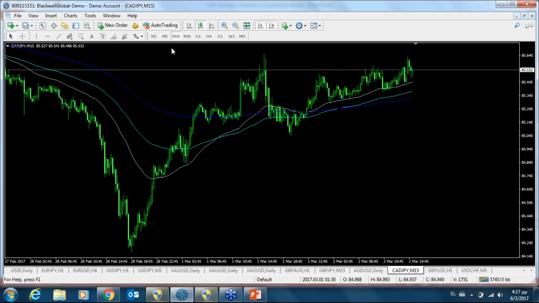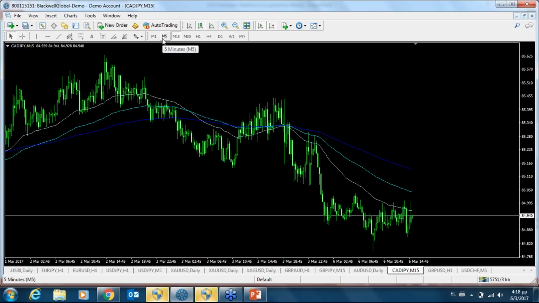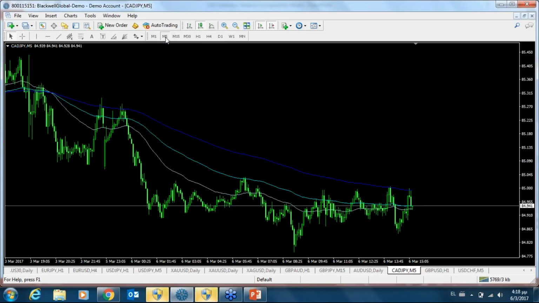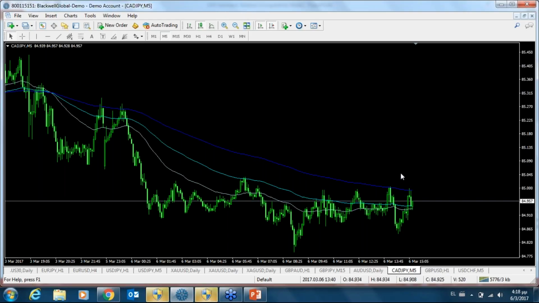Okay, but we want to look into where it would actually be the clearest form of downward momentum. Now, if we go on to the 5 minutes, you can see that it found resistance. These are signs of more bearishness because it found resistance at the 200 moving average. That's an average of 200 periods, and you've got loads of resistance right there.